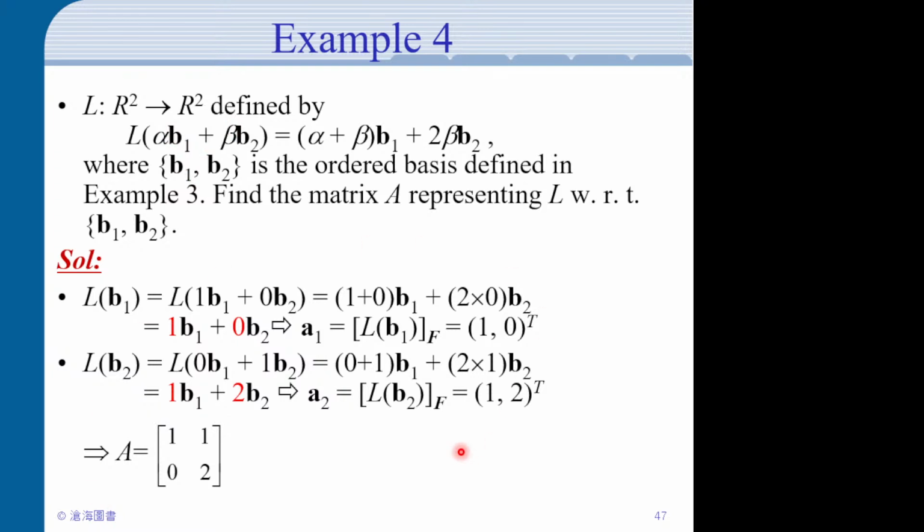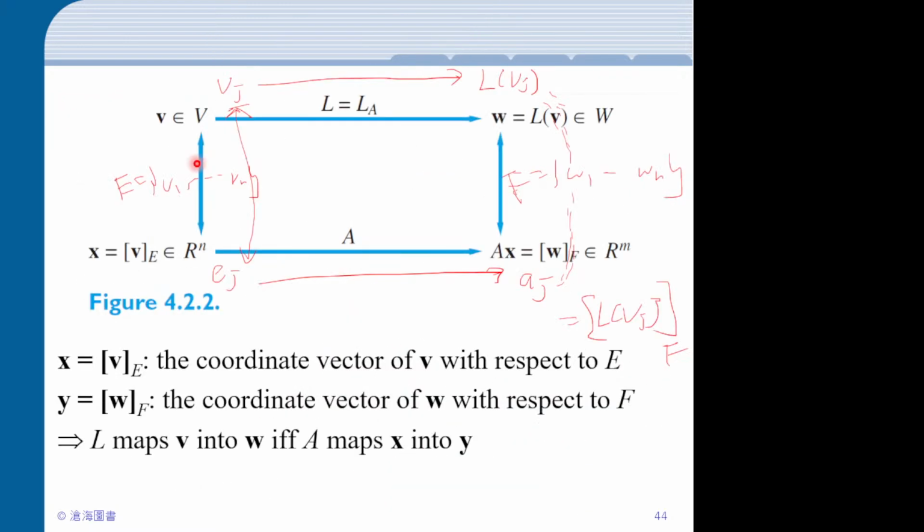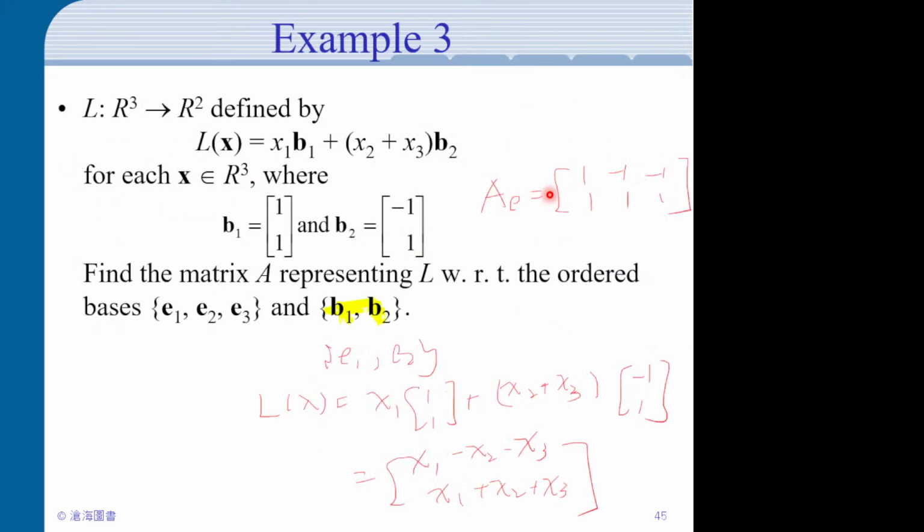So we think about L as mapping whatever linear combination of B1, B2 to this linear combination of B1, B2. So here we have funny things: we have E equal to B1, B2 and F equal to B1, B2. And they are related to R2 and R2 here by this transformation by B1, B2, both of them.